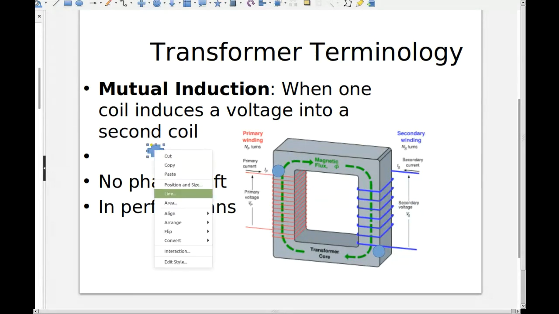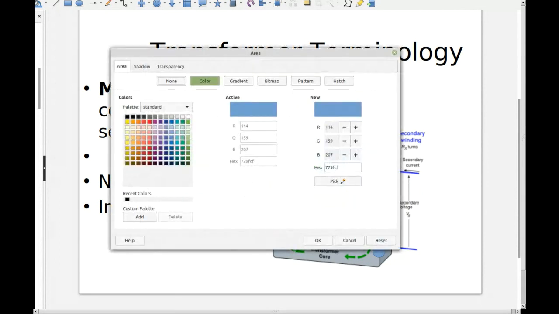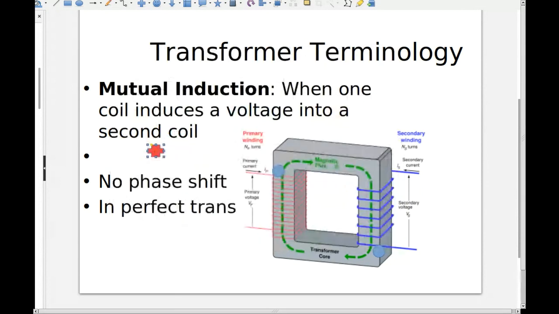Let me change the color of this. If it's a positive voltage here at this dot, then the dot shows where the positive voltage is going to be on the secondary side.